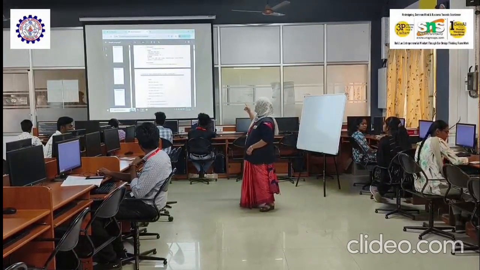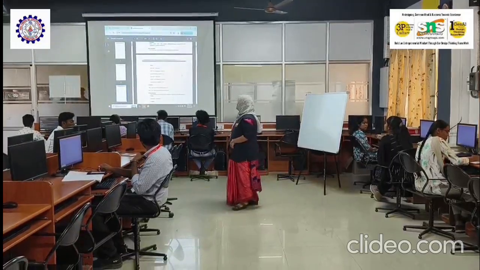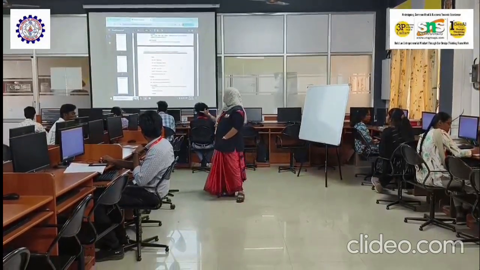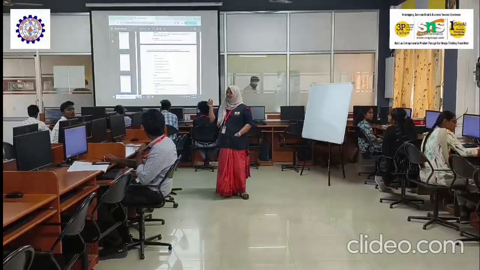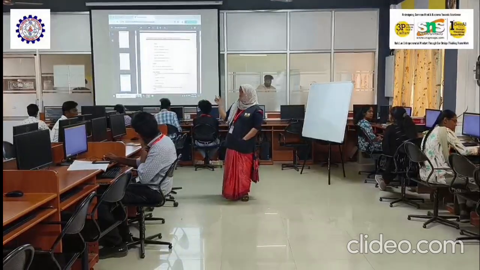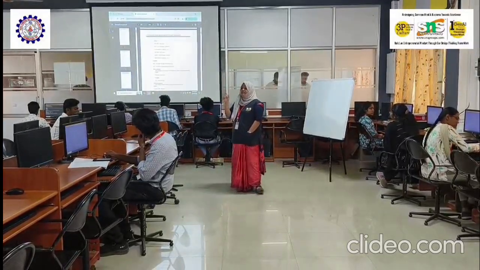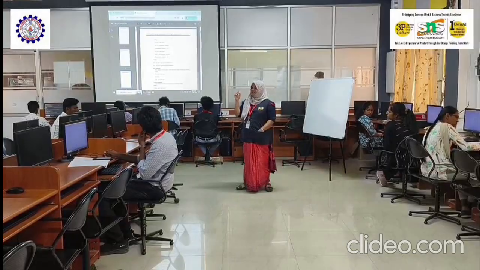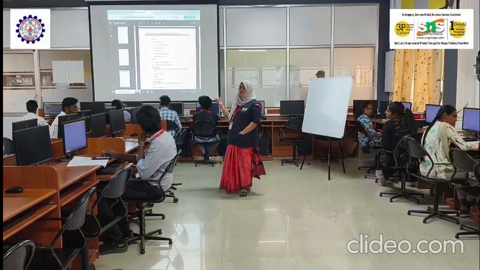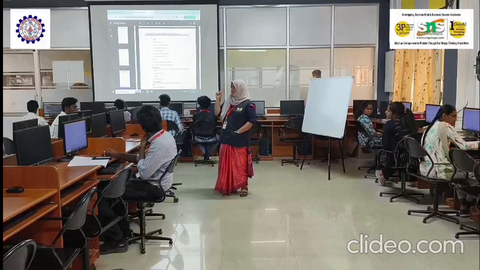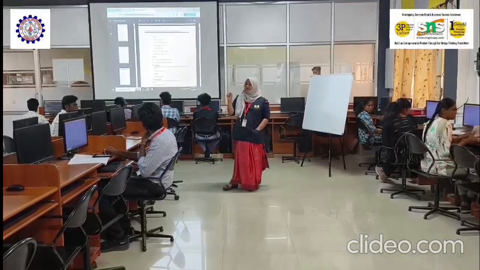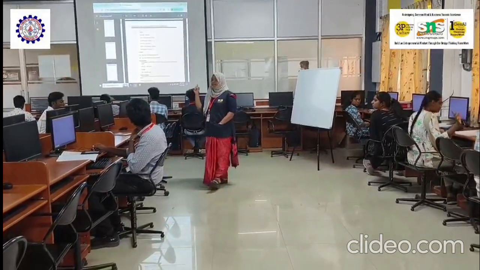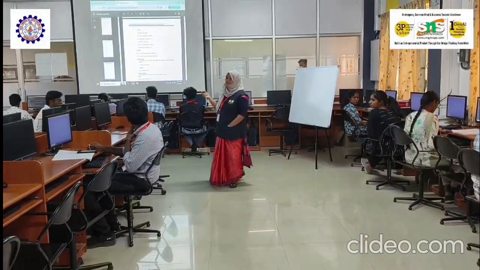Okay. And next one is the alter command. Using the alter command, you can add a new column or modify an existing column of your table. If you want to add a new column, you can use the alter command with the keyword add. If you want to modify an existing column, for example, I already gave employee number, but my column name should be employee ID, I can use the modify command.